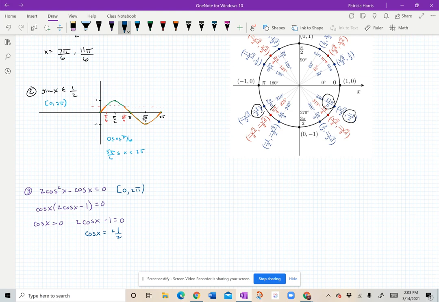So cosine equals 0 at pi over 2 and 3 pi over 2. And then positive 1/2 at pi over 3. And finally, I look around the unit circle and I get 5 pi over 3. So those are my answers.